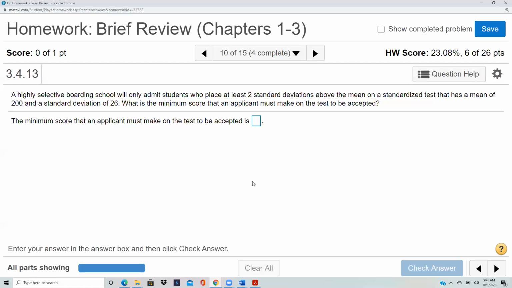Oh, yeah. Okay. So this is z equals 2 here, because they're talking 2 standard deviations above the mean. So here z is given to be 2, and the mean is 100, standard deviation is 26, and you have to find the x.